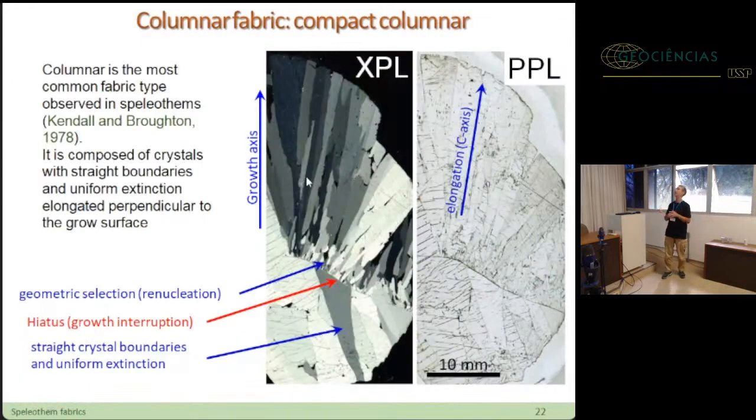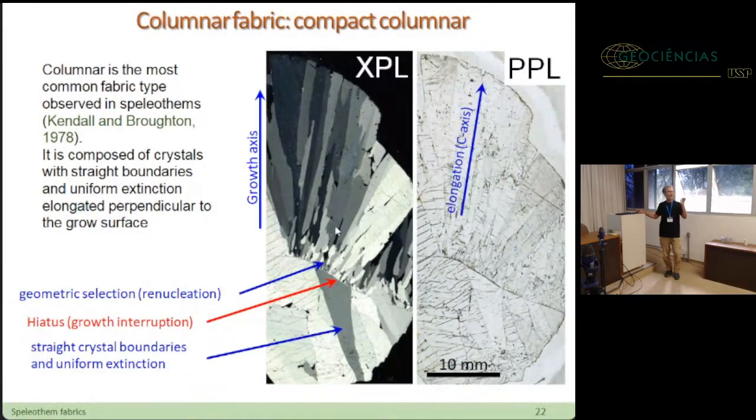This is the typical and most common fabric in speleothems in deeper parts of the cave with very low ventilation and higher CO2. So when we have a low supersaturation, this is a typical product without any impurities or with little organic content. So columnar is made of these elongated crystals with straight boundaries between one crystal and the other, elongated perpendicular to the growth layer.